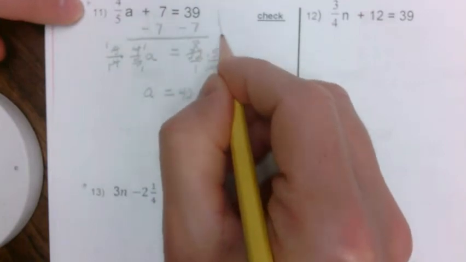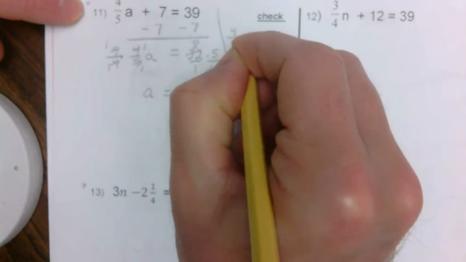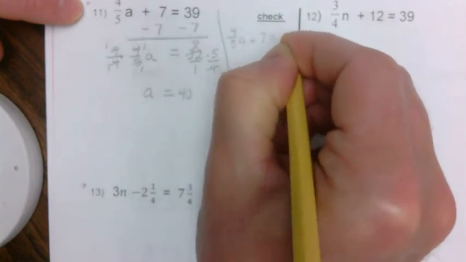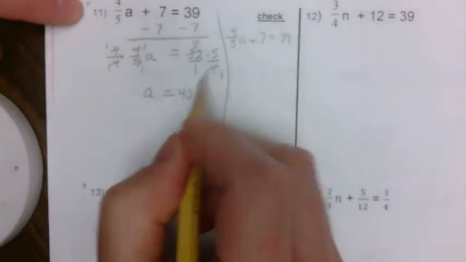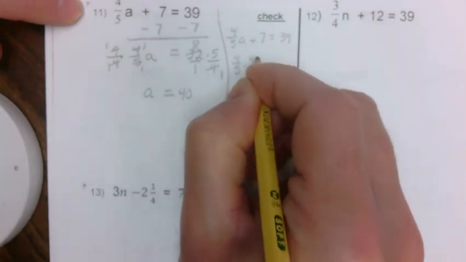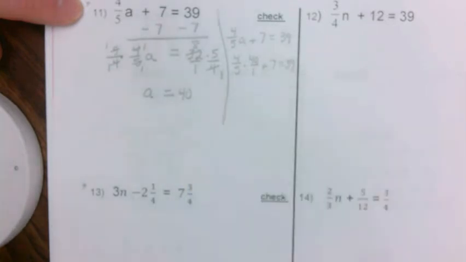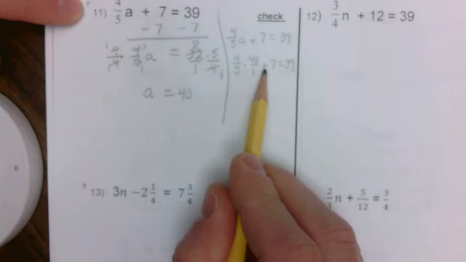Okay, let's do the check. I'll squeeze it in here. We have 4/5 a plus 7 equals 39. I'm going to replace a with my answer of 40. So I have 4/5 times 40, and I'll put that over 1, plus 7 equals 39. I have to multiply before I add.